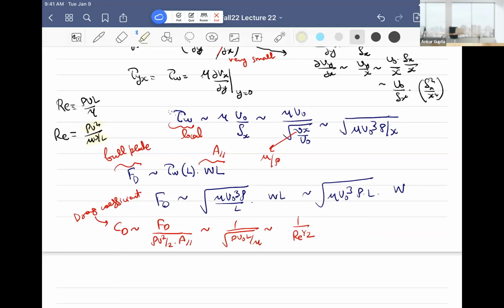So this whole result of scaling analysis is very crucial. I have taught this course, and I feel it's important to understand the scaling analysis. I forget the math many times, but the physical understanding is really crucial.